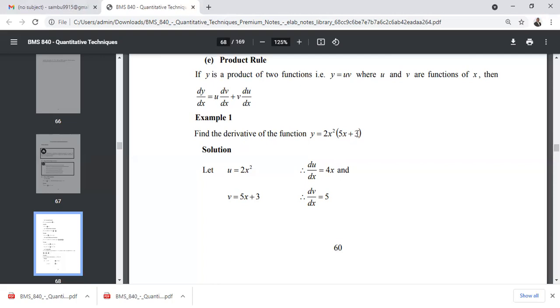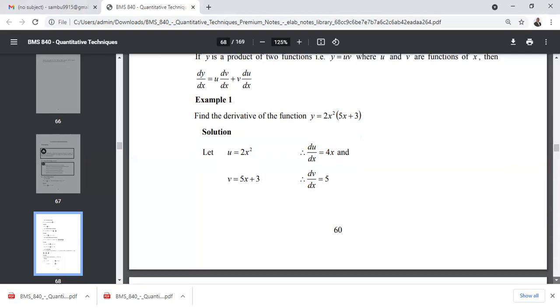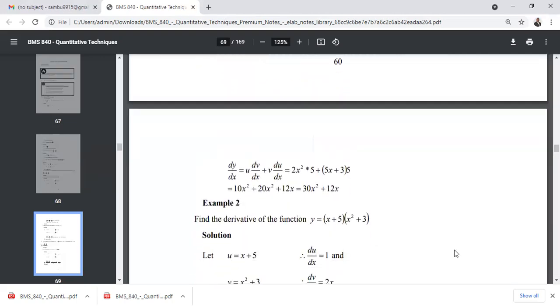Then I multiply by du over dx, and du over dx is 4x. If you do that, we are at this point. So 2x squared multiplied by 5. Then my 5x plus 3 is supposed to be multiplied by 4x.